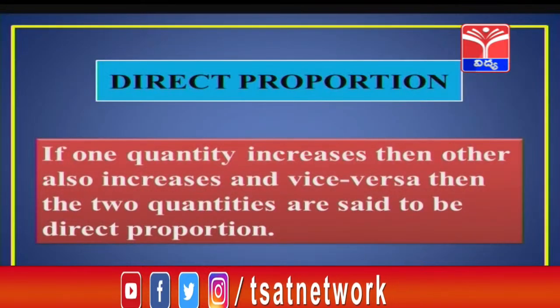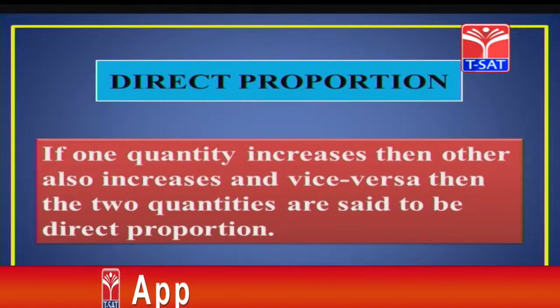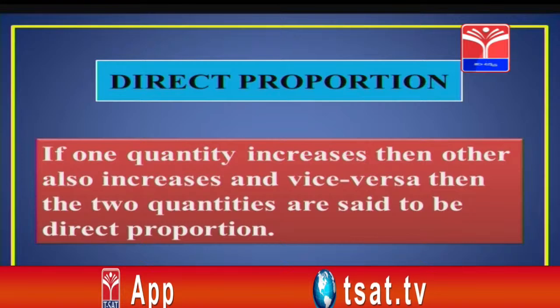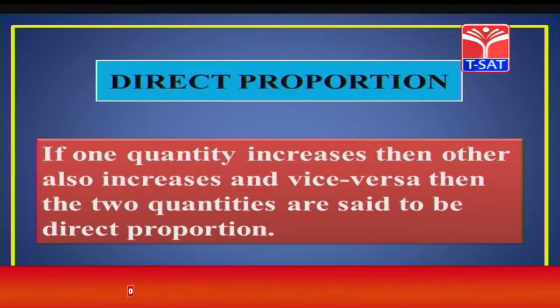If one quantity increases, then the other also increases, and vice versa, then the two quantities are said to be in direct proportion. When one quantity is increasing, the other is also increasing, like the distance increases, then the time taken also increases. When one quantity is decreasing, like the number of students decreases, then the quantity of eggs consumed also decreases. Such quantities are said to be in direct proportion.